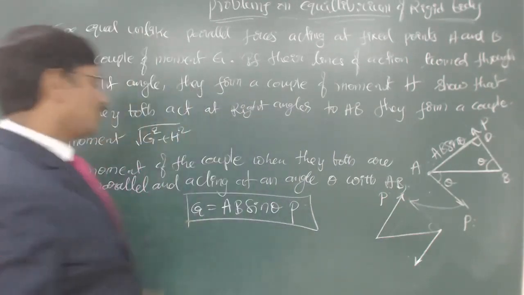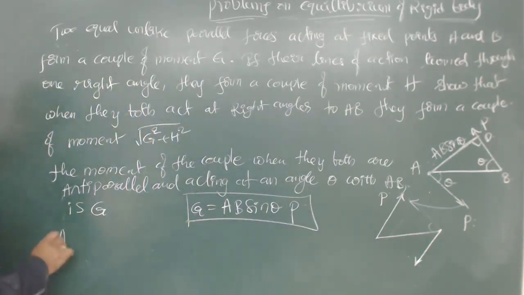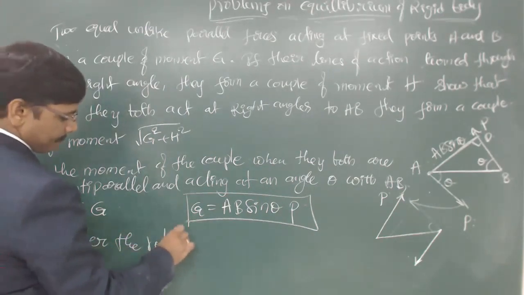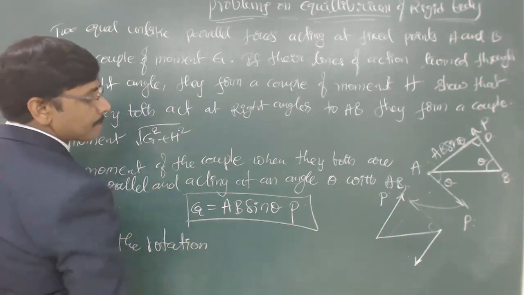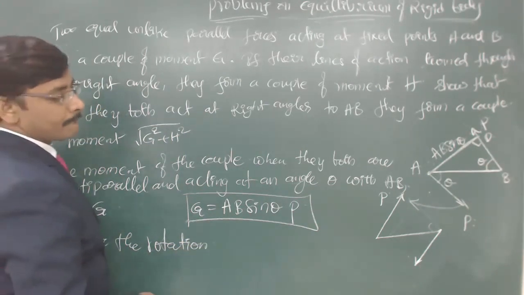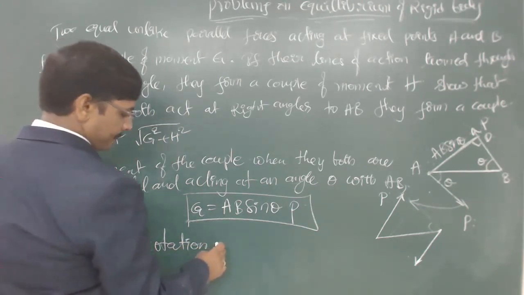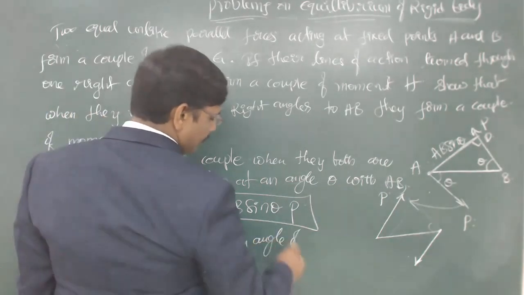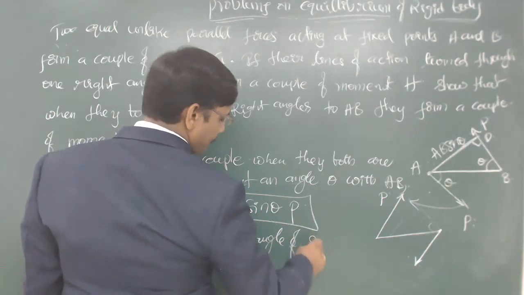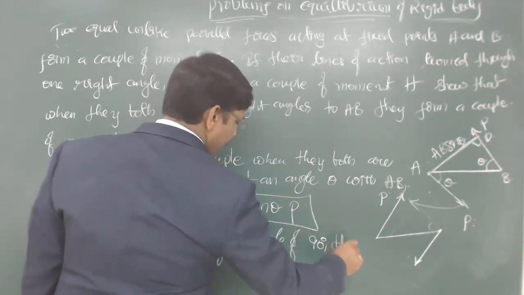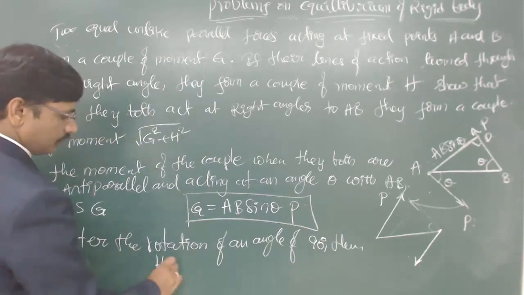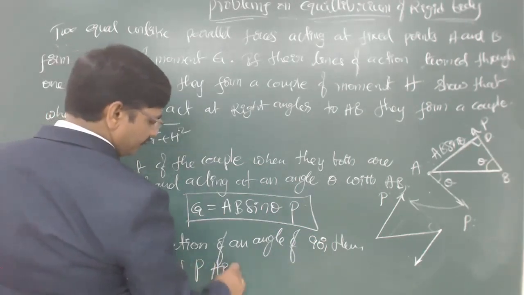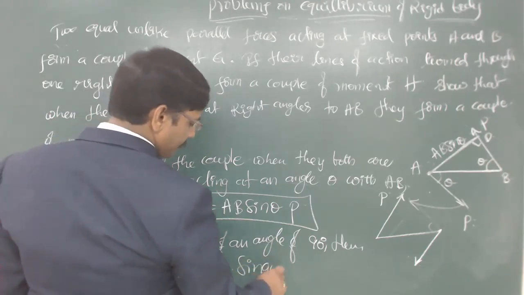That means now the new couple, when rotated through an angle of 90 degrees, H is equal to P into AB sine of (90 plus theta).